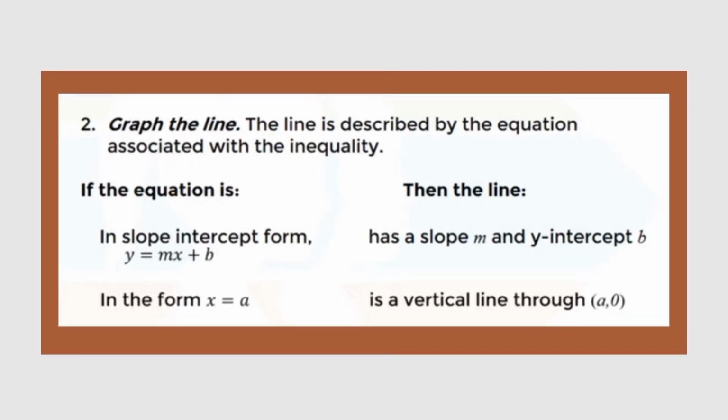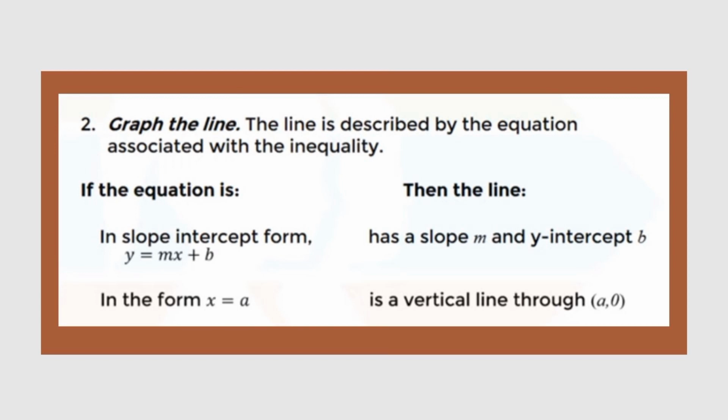Now let's proceed to step 2 of how to graph linear inequalities. Step 2 is graph the line. With regard to graphing linear inequalities, step 2 will teach us how to graph a line that is described by the equation associated with the inequality.